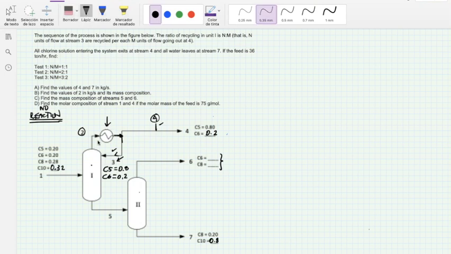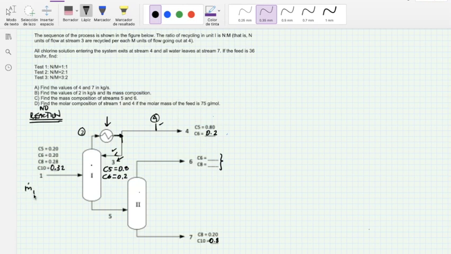But let's try and prove that the composition at 2 is the same as the composition at 4 and 3. That's not the problem, okay? That's just one of the problems in this very complicated issue that we have here.